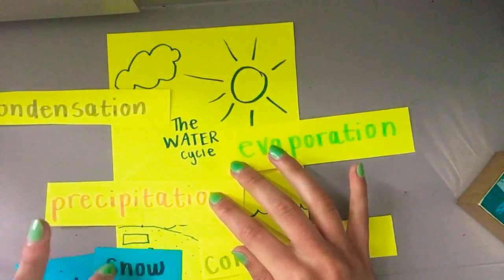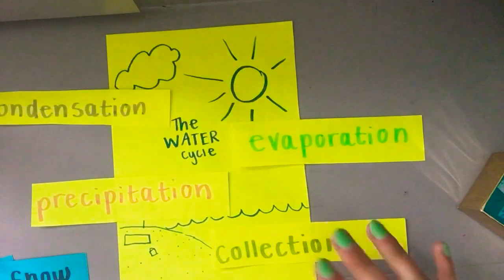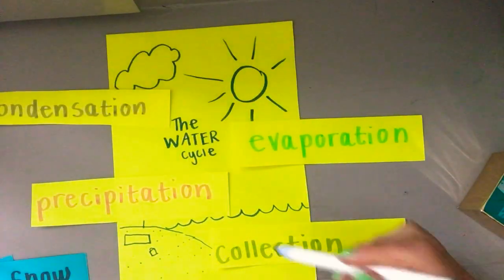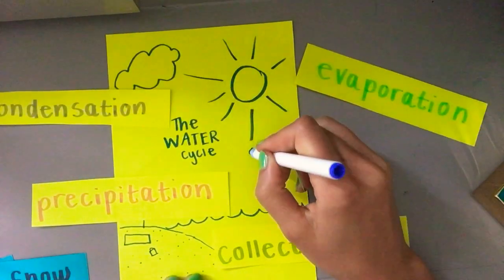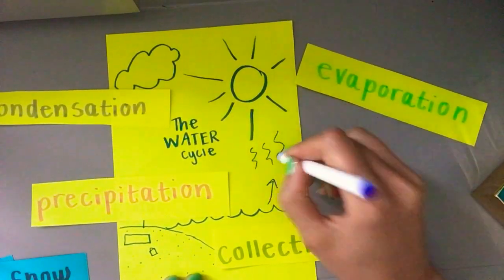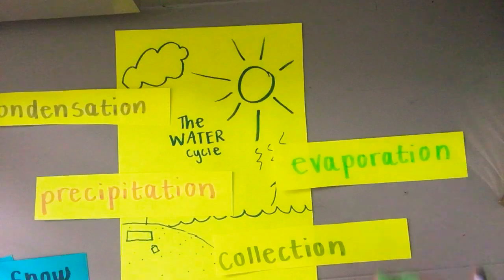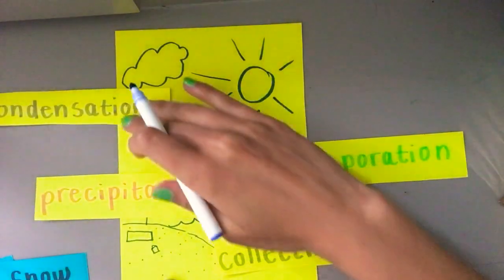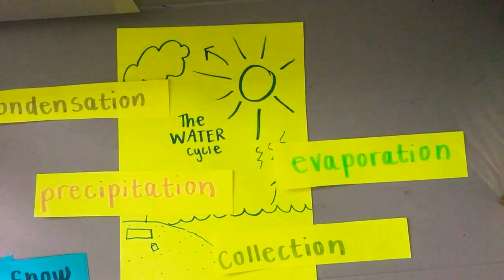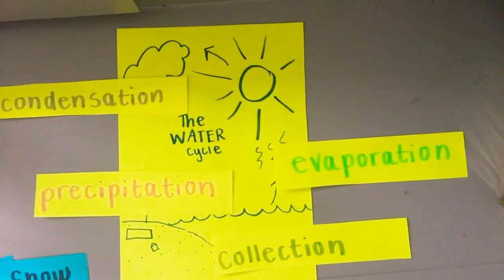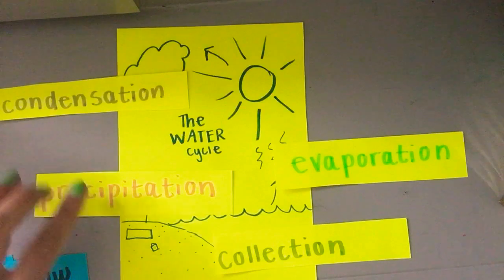This is the water cycle, boys and girls. Water is collected and then is evaporated by the sun. Then those water particles are part of the air. And once those water particles become clouds, it's condensation.